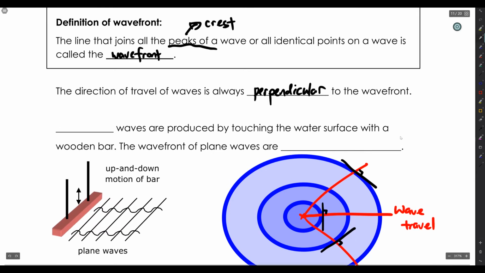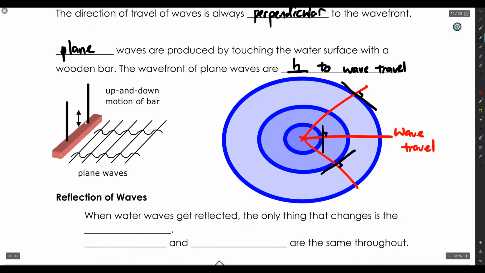Plane waves are produced by touching the water surface with a wooden bar. Sorry, I said transverse waves, but this is called plane waves. The wavefronts of plane waves are also perpendicular to the wave travel.